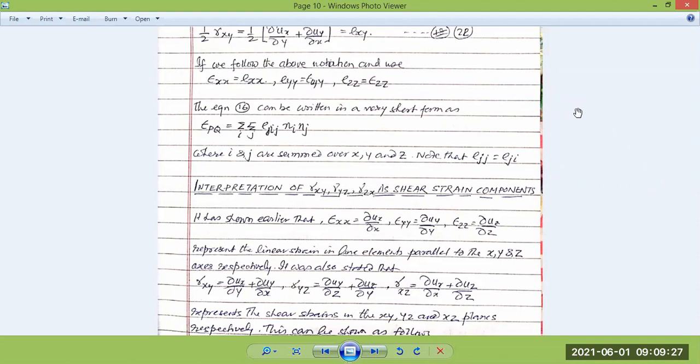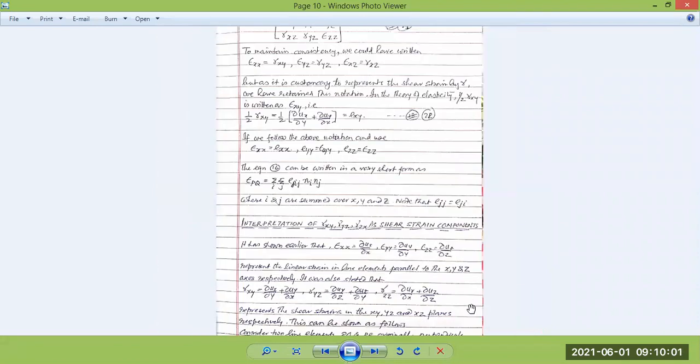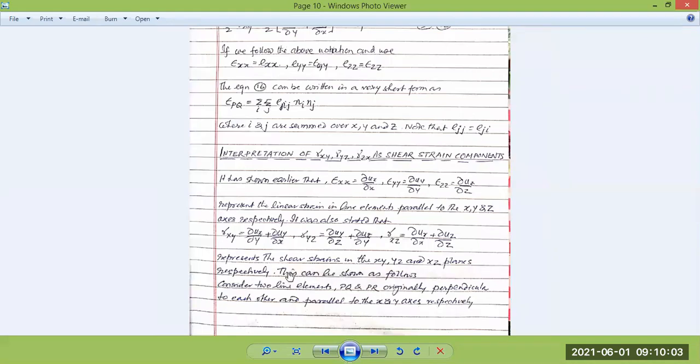Now, it was also stated that gamma xy, the shear strain normal to the x-axis and along the xy plane, is equal to delta uy by delta x plus delta ux by delta y, and gamma yz is delta uz by delta y plus delta uy by delta z, and gamma xz is delta ux by delta z plus delta uz by delta x, respectively the shear strains in the xy, yz, and xz planes.